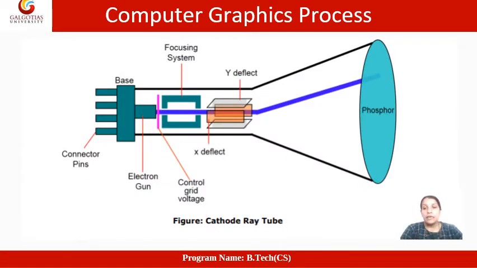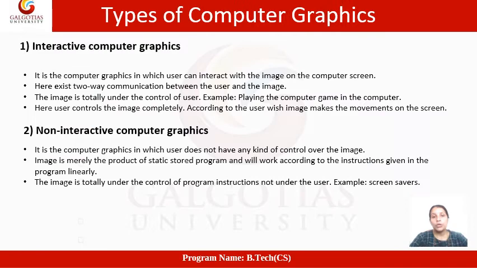As you can see, on the right side the phosphor screen is there, Y deflection plates and X deflection plates are there, control grid voltage, electron gun is there, connector pins, focusing systems and base. So this is the graphic representation of the cathode ray tube.